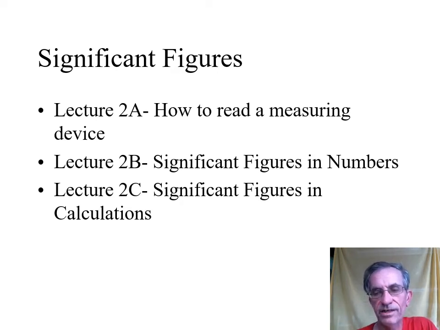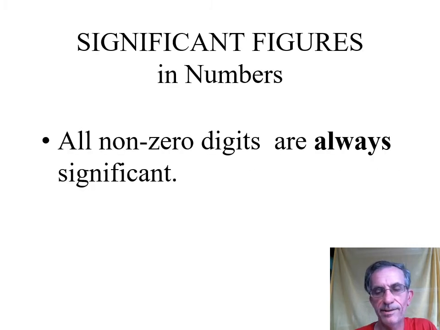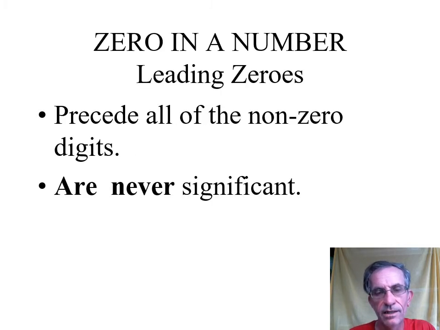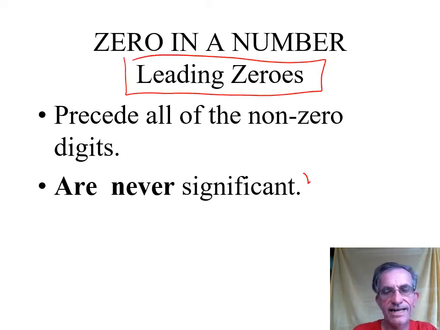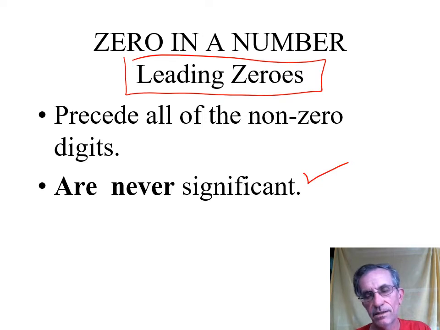Let's start off with a quick review about sig figs and numbers. All right, so we already talked about these rules. Just to briefly remind you, any digit that's not a zero counts. Any digit that's not a zero, a 2, a 5, a 6, a 7, fits in this category of being a sig fig. If you're a zero, it can get a little complicated. Leading zeros at the beginning of a number, they start the number. Never, never, never count. Leading zeros never count.